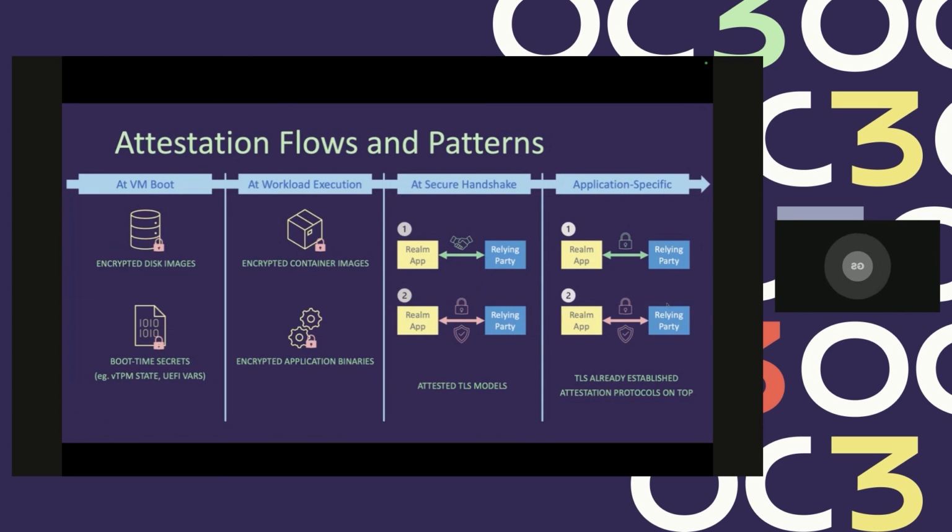Or maybe we gate something other than boot. So in this case, it might be something like a container image that needs to be decrypted, such as what happens in the confidential containers architecture. If not a container, then it could be some other aspect of the executable workload, such as a WASM module or even a native application binary that's encrypted. And again, the key gets released in exchange for verified attestation.